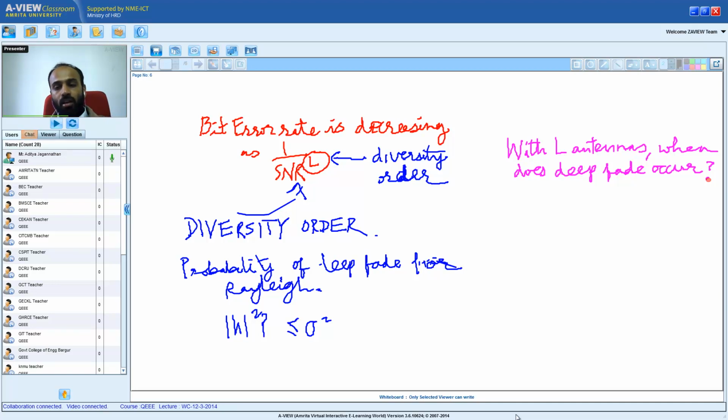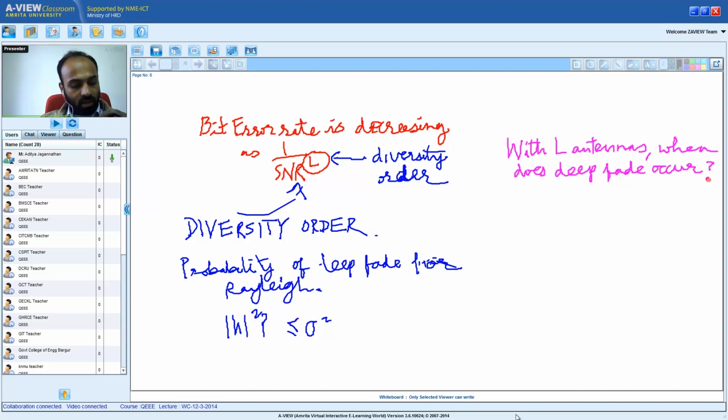Using this intuition that deep fade occurs when mod h square P is less than or equal to sigma square, what is the corresponding deep fade event if I have L receive antennas?